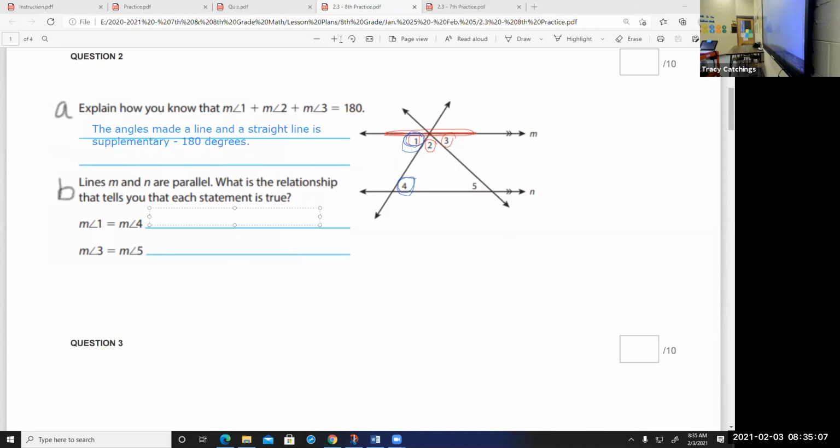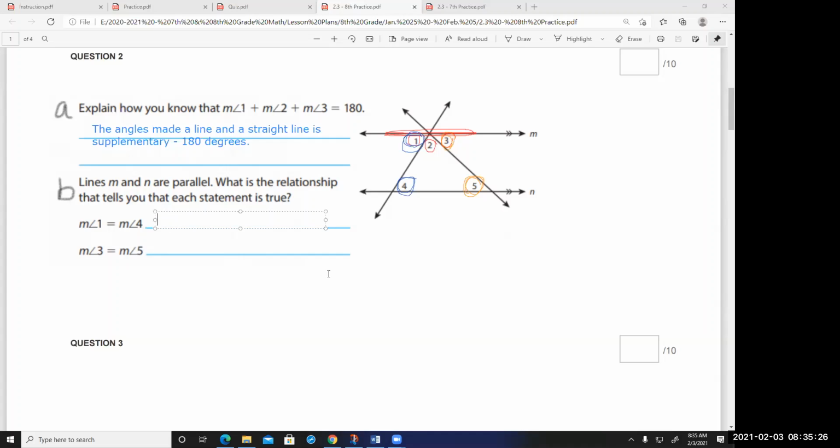What could we say about angle 3 and angle 5 to say that they have equal measures? Good job, Lakeland.